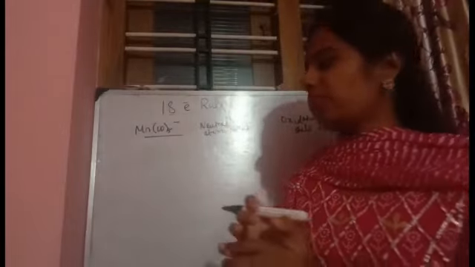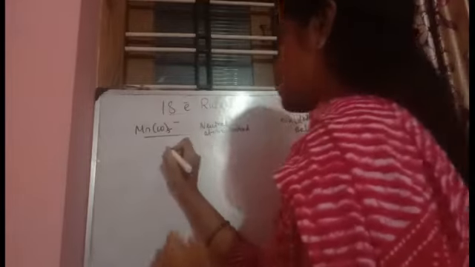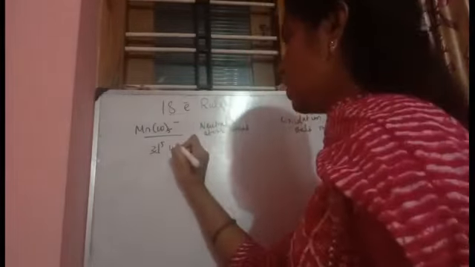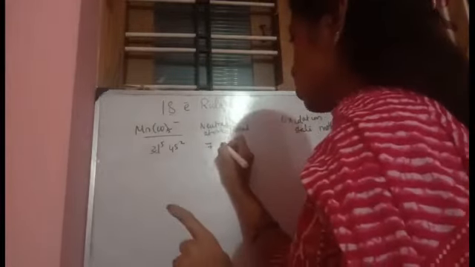What is the valence shell electronic configuration of manganese? In the neutral state, it is 3d5 4s2. So there are a total of 7 valence electrons.